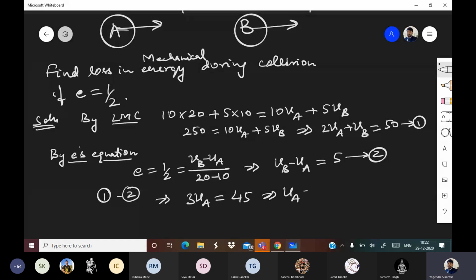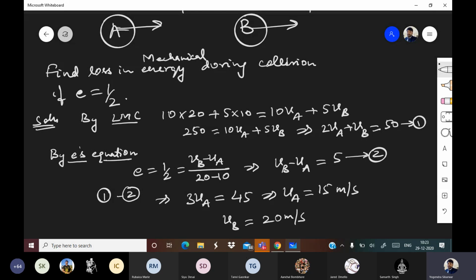So that gives us VA is equal to 15 meter per second and VB is equal to 20 meters per second. Why? Because VB is equal to VA plus 5. VA is already 15. 15 plus 5 will be 20.